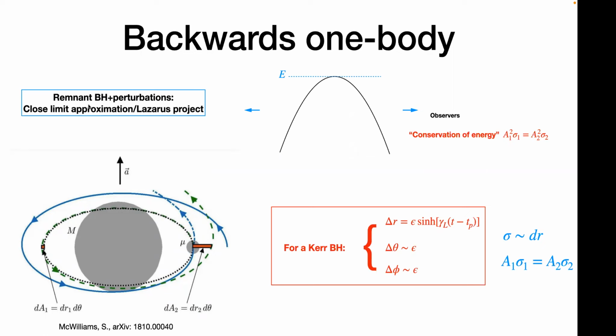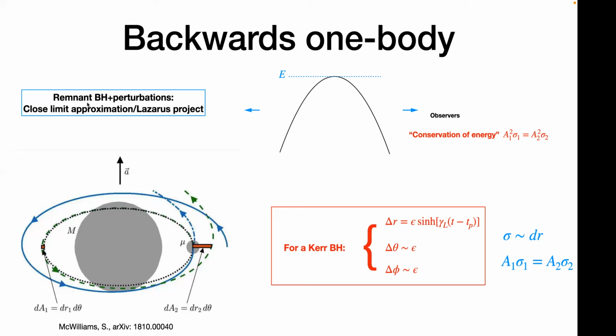People proposed the close limit approximation before the success of merging two black holes through numerical relativity. Since the problem was very difficult, people were thinking about other alternative approaches to get ringdown signals. Within this close limit approximation, when two black holes get very close and the common horizon is about to form, the outside space-time can be treated as a remnant black hole plus some perturbations.